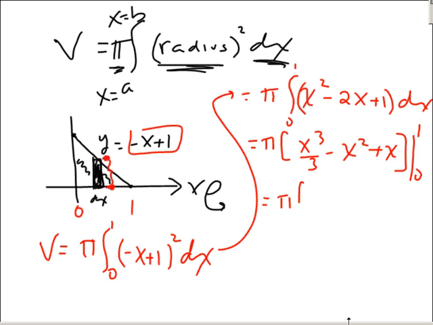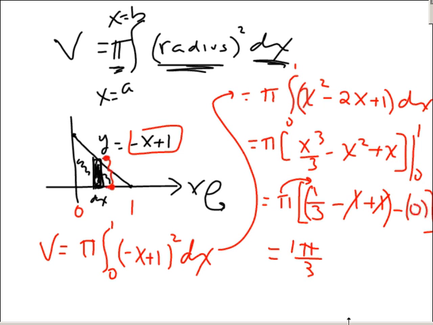When you plug in 1, you get 1 cubed, which is 1 over 3, minus 1 squared, which is 1, plus 1. And when you plug in 0, you get 0, minus 0. That gives pi times a third, or pi over 3. And that's the volume of that disk.